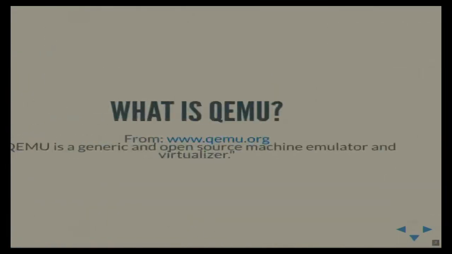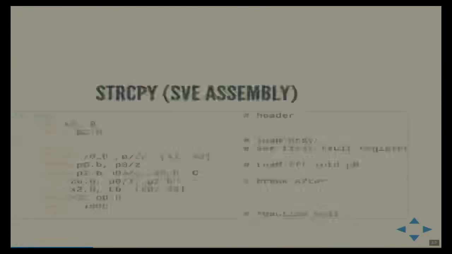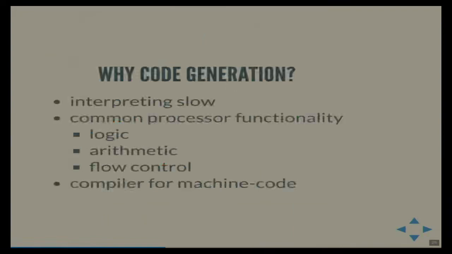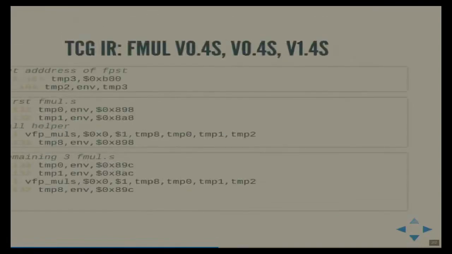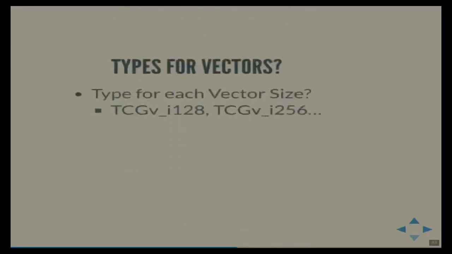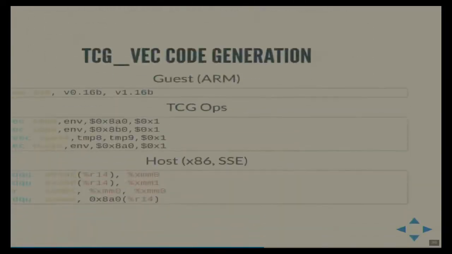Yeah, so let me just see if I can find the example. Right, yes. The key is that the TCG vector operation now explicitly has an encoding of the size.